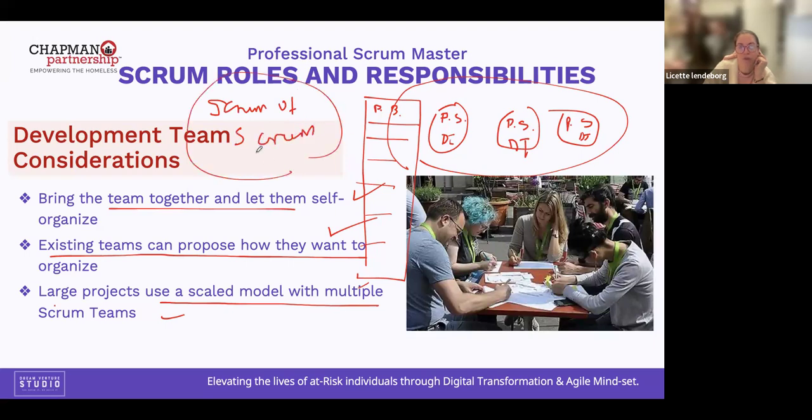A huge backlog, a huge project, can be assigned to different teams. Team number 1, team number 2, team number 3. They are going to take responsibility for a specific set of product backlog items, you see. Blue, this is team number 3. So large projects use a scale module with multiple Scrum teams.